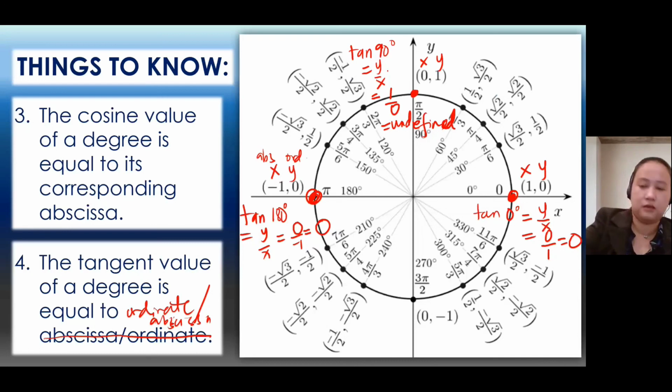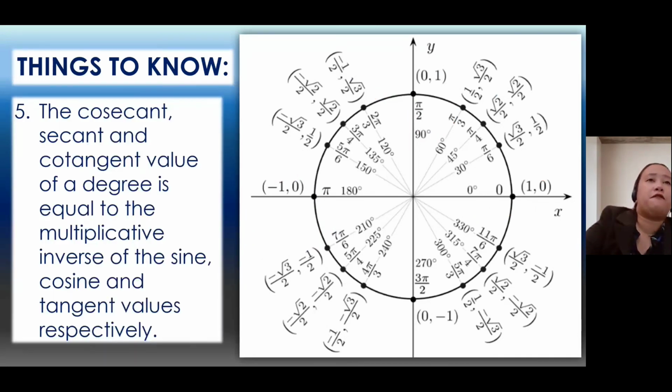So next, the cosecant, secant, and cotangent of a degree is equal to the multiplicative inverse of the sine, cosine, and tangent values respectively. When we say multiplicative inverse, you're just going to put 1 over. For cosecant, it is 1 over sine. Secant is 1 over cosine.